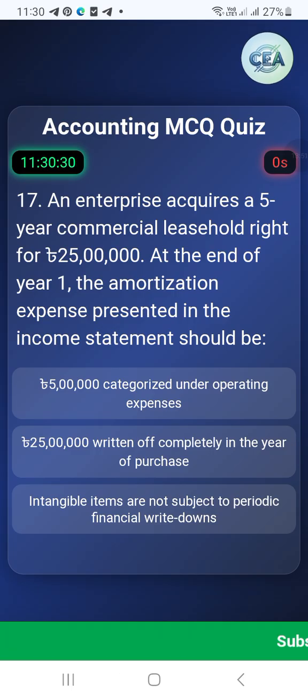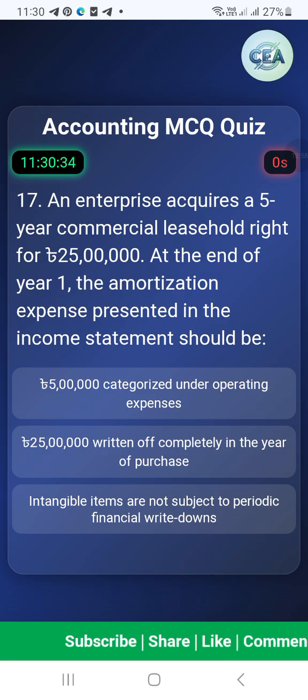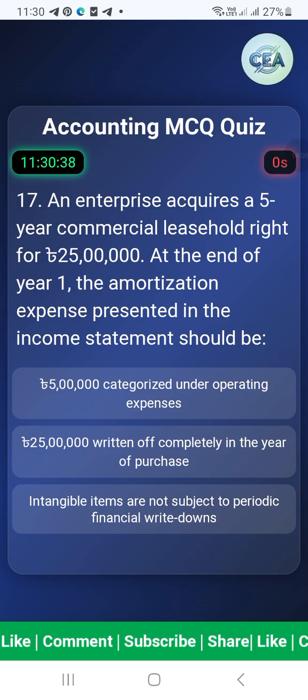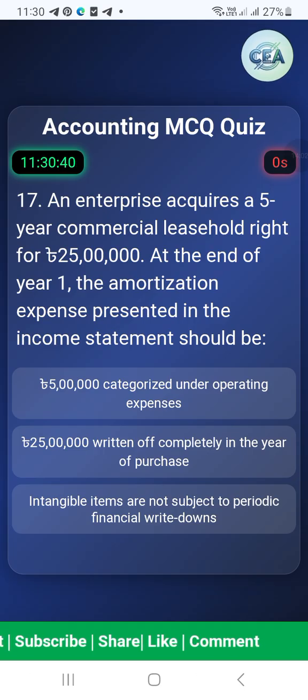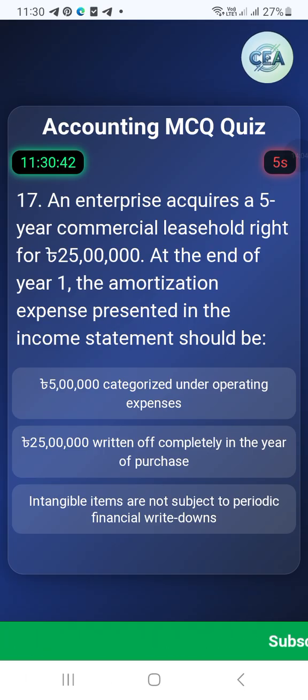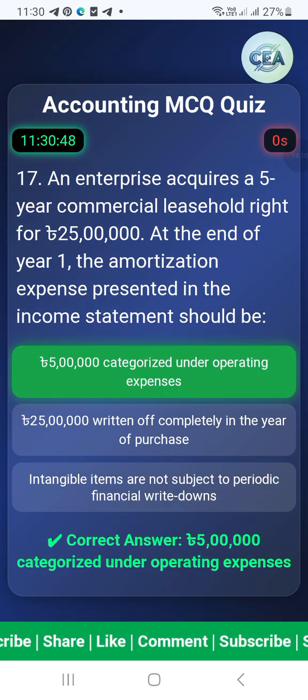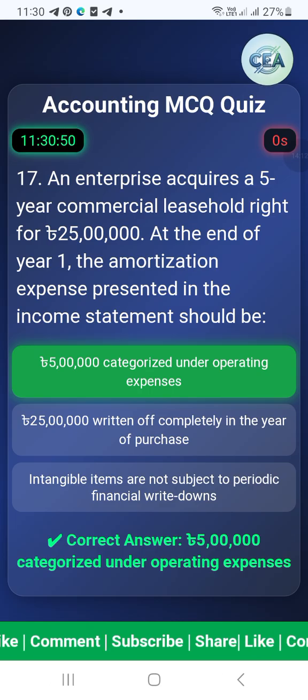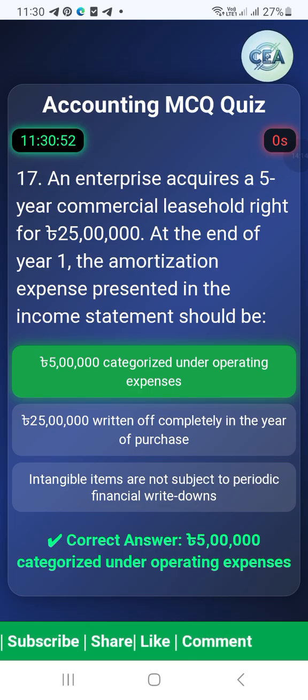Option 2. 2,500,000 takas written off completely in the year of purchase. Option 3. Intangible items are not subject to periodic financial write-downs. Correct answer is 500,000 takas categorized under operating expenses.